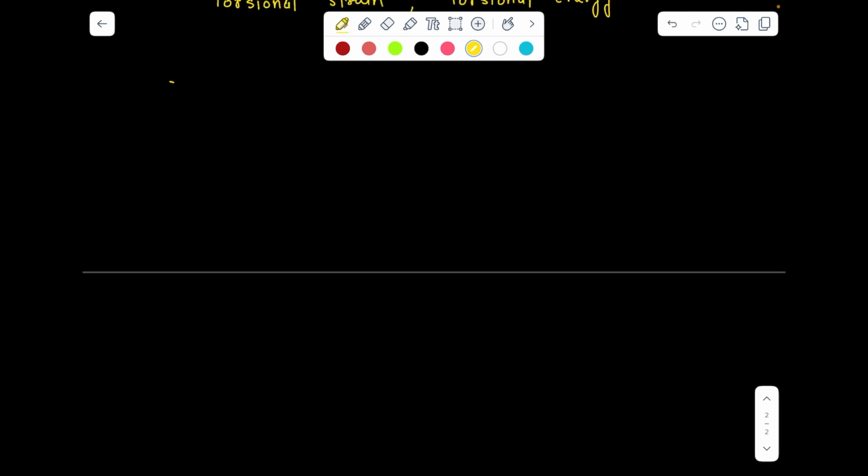Now there is one very important note: skew can be more stable than anti if hydrogen bonding appears. Suppose I take the example of glycol, which is CH2OH, single bond, CH2OH.